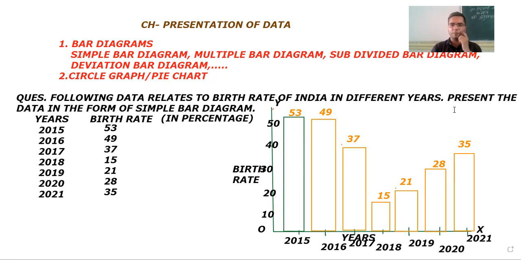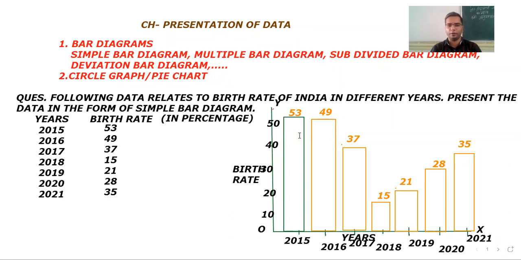I hope this is clear to everyone how you have to make a bar diagram. Okay. You can have a look once again. This was the question given to you in the simple bar diagram. Please make sure only one thing will be given to you in the question, and you have to make a simple bar diagram based on it.